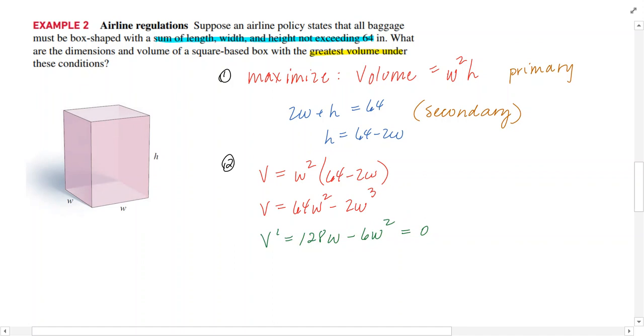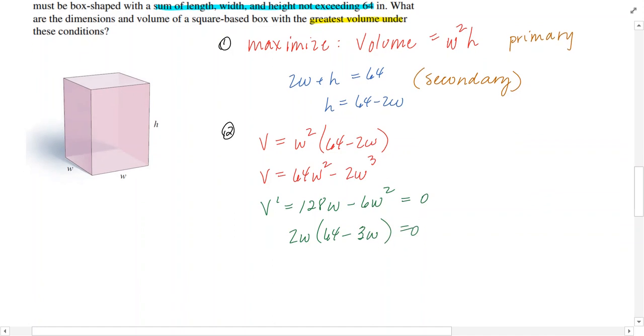We've got to find the critical values, so I will solve this equation here. From this, I'm going to factor out a 2W. So 2W leaves me with 64 minus 3W equals 0.